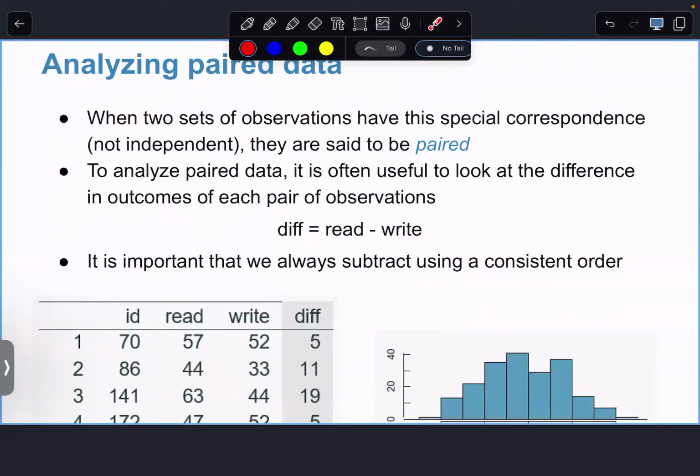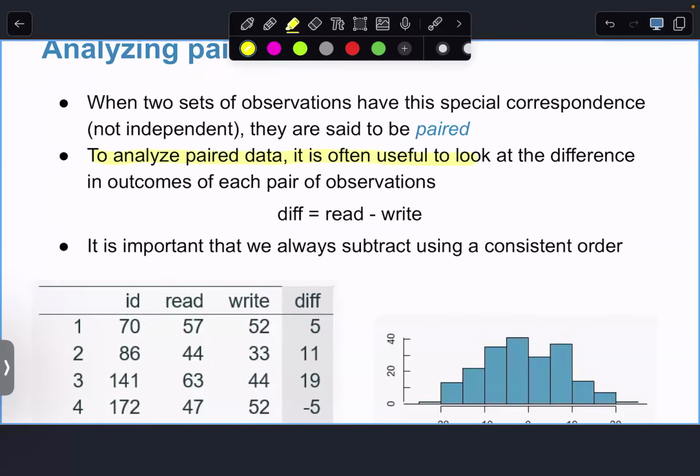So once we've decided that we have paired data, then we calculate the difference. The order of how we calculate the difference doesn't matter. And so to analyze paired data, we look at the difference of the pair of the observations.